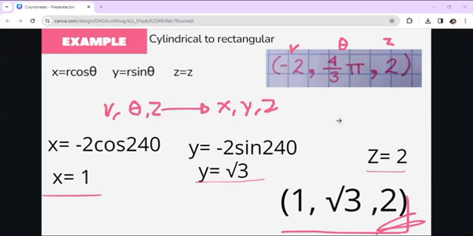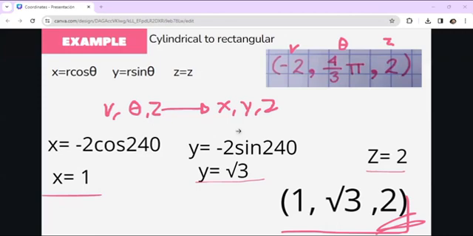The result is x is equal to 1. And next, y is equal to minus 2 sine 240.